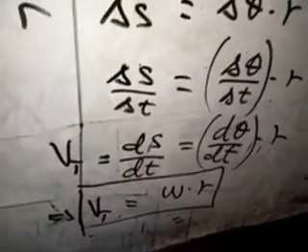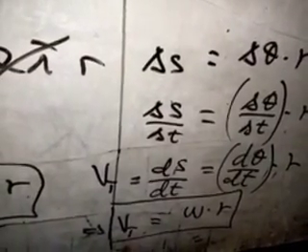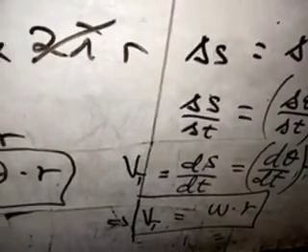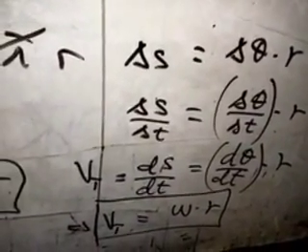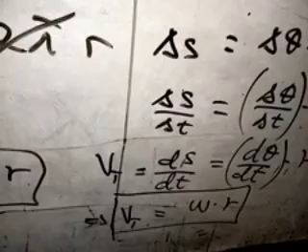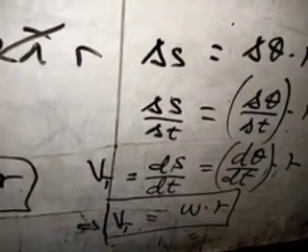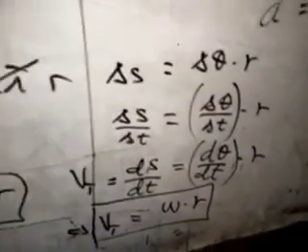This gives the relationship between the tangential velocity and the angular velocity. This is the main speed which a body uses to spin around a given circle. All these equations we are deriving, we are going to make use of as we proceed in our course of studies.